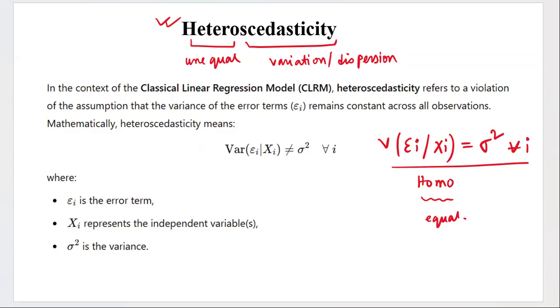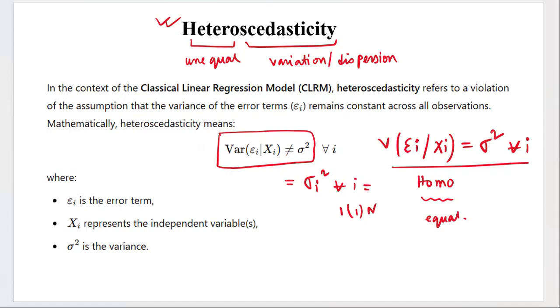Now, what happens if we violate this assumption? Violate means this assumption is not holding. So see here, this is the violation: variance of epsilon i given xi is not equal to sigma square; in other words, we can write it as sigma i square, instead of only sigma square being a constant. If you write this as sigma i square for all i, where i varies from 1 to n, suppose you have n observations, then whenever you change your observation, if I take i equals 1, it will be sigma 1 square.